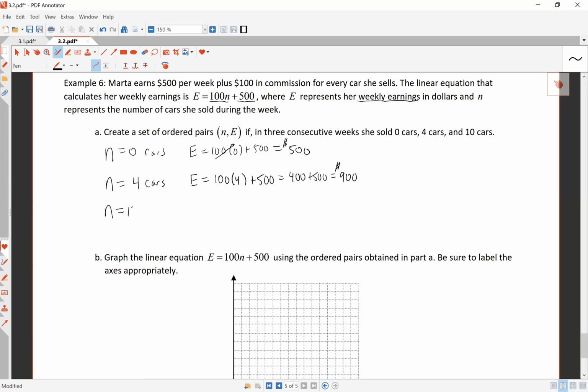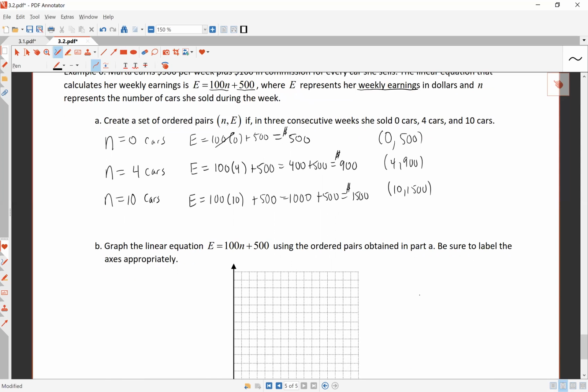Now, if she gets lucky and sells 10 cars, she makes $100 per car, and 10 cars is $1,000 in commission, plus the $500 she gets for salary, which is $1,500. So we get the ordered pairs 0, 500, 4, 900, and 10, 1,500.